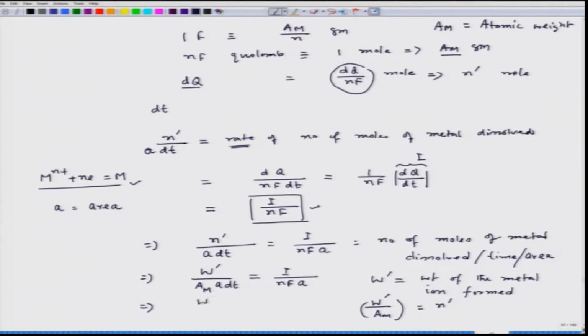Then W prime by A dt equal to I A_M by nF A.